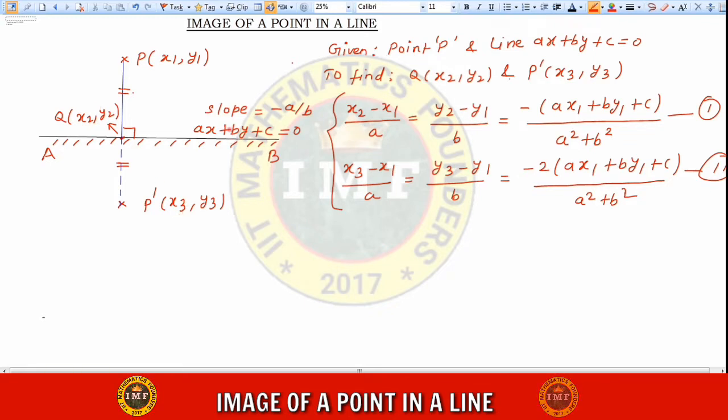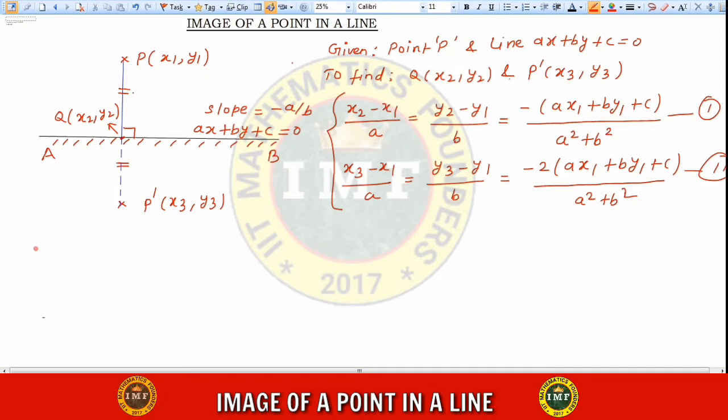To find this, I have directly written two formulas. The first formula is for finding the foot of perpendicular, which is Q, and the second formula is for finding the image of point P, which is P dash. These two formulas I will derive by two methods.